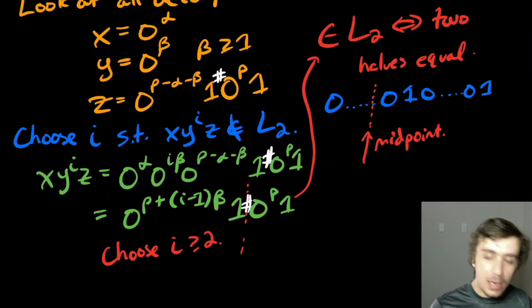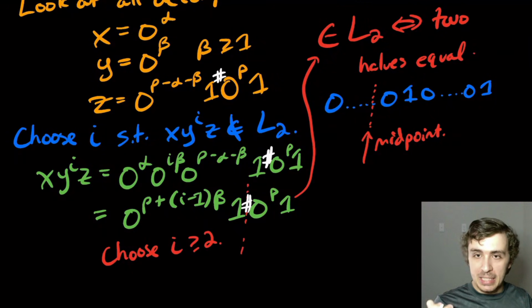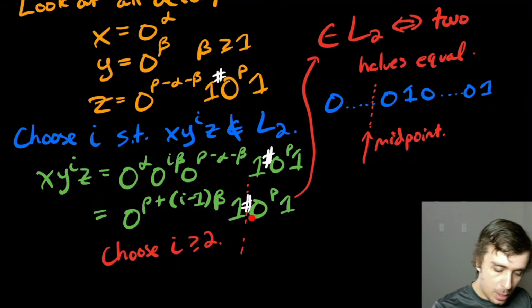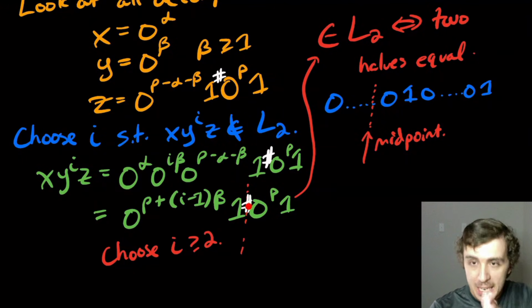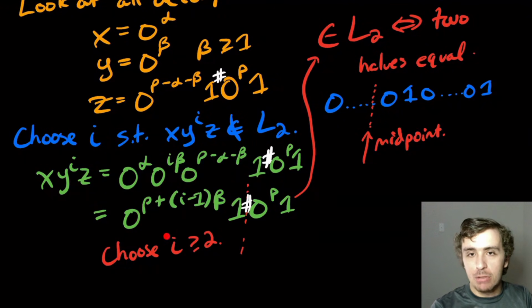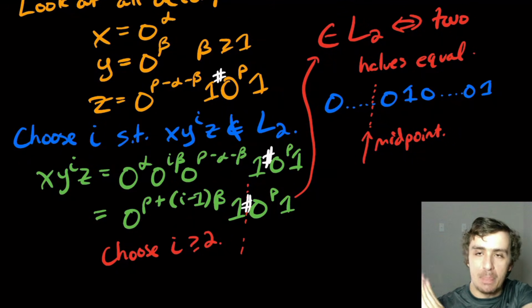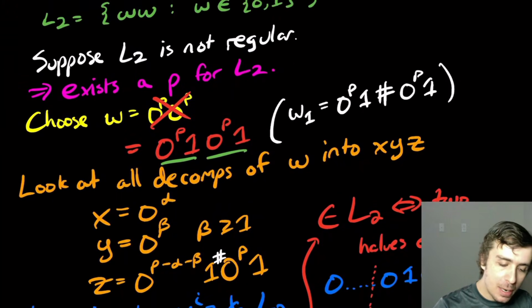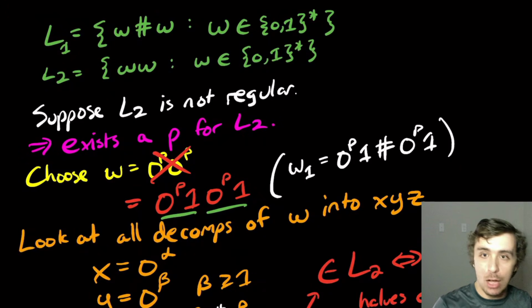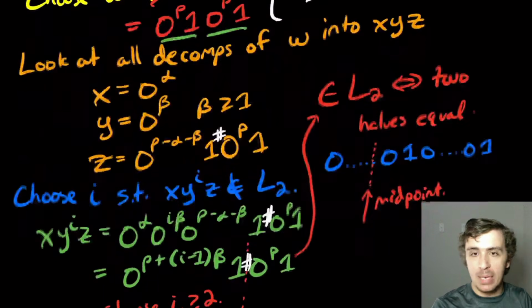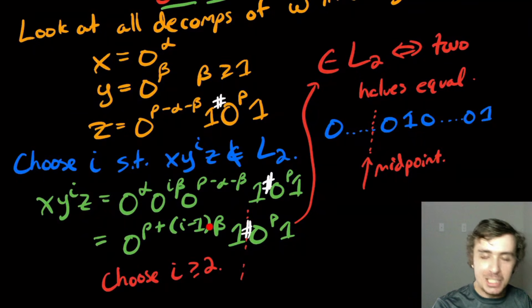So what are the things that can happen? Let's see where the midpoint is. The midpoint was right on the pound sign initially, but because we put more stuff over here, it's on one side of the pound sign. For a string to be in L1, the midpoint needs to be right on the pound sign, whereas here it moved past the midpoint.